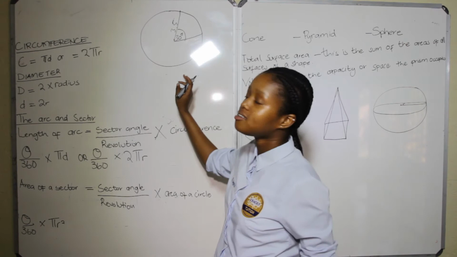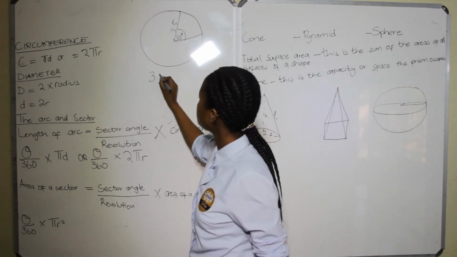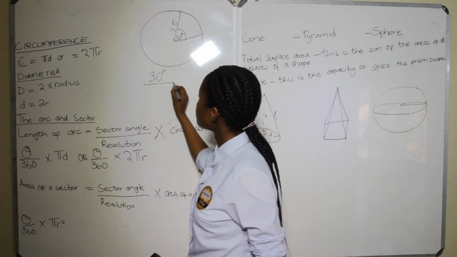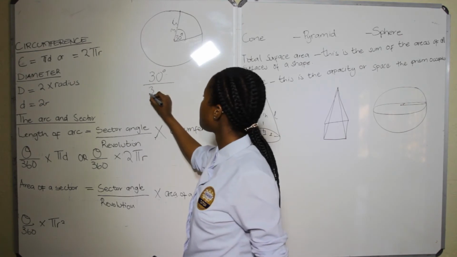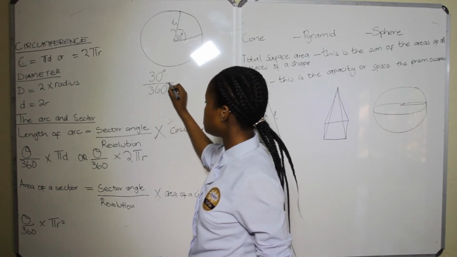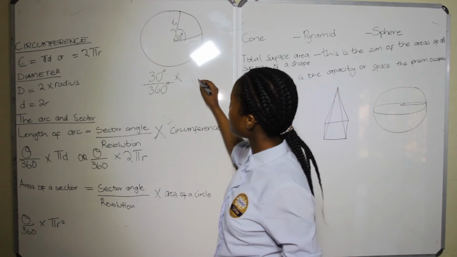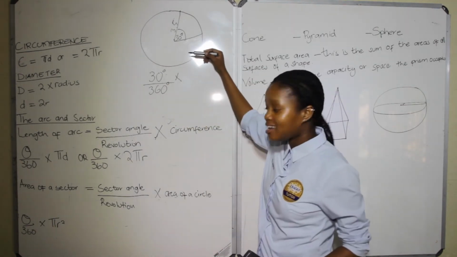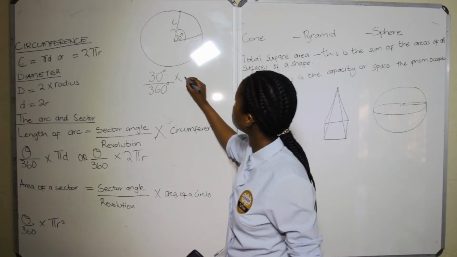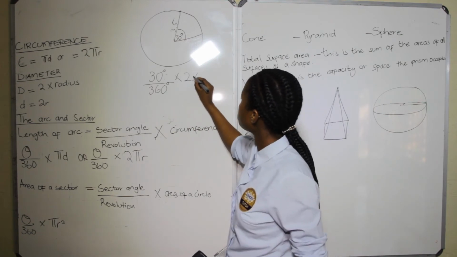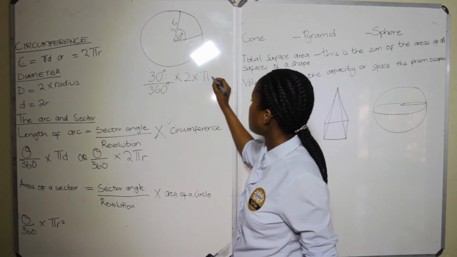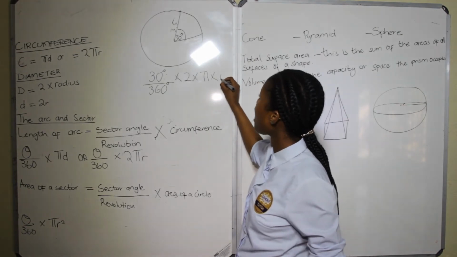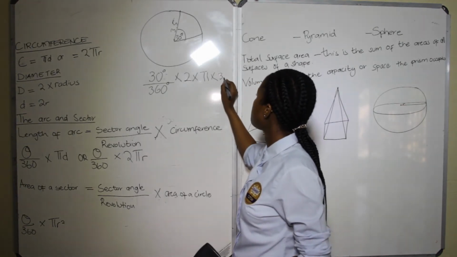What is the sector angle in this case? It's 30 degrees. Our revolution is always 360 degrees. Multiplied by our, remember here we're going to use the radius formula because we are given a radius. So it's going to be multiplied by 2, multiplied by pi, and multiplied by our r in this case, which is 3.5.